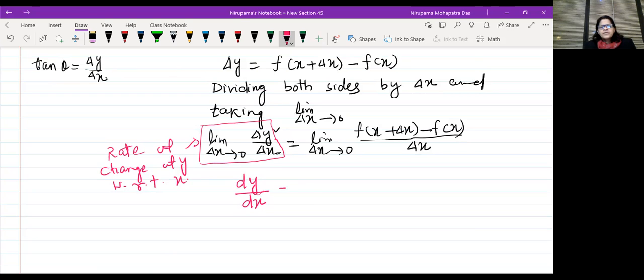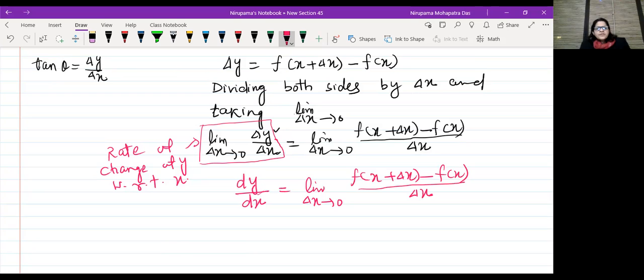This is equal to limit delta x approaches to 0, f of x plus delta x minus fx divided by delta x. So now rate of change of y with respect to x equals this.